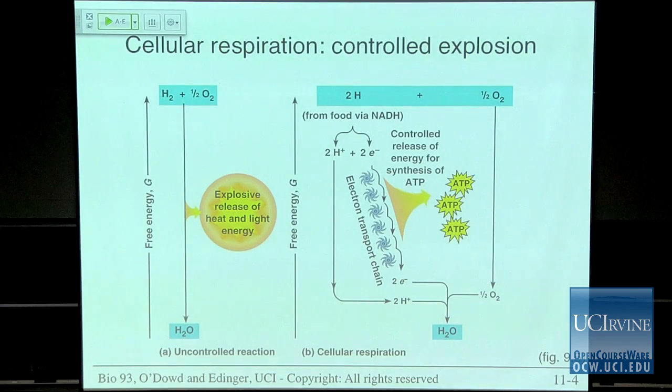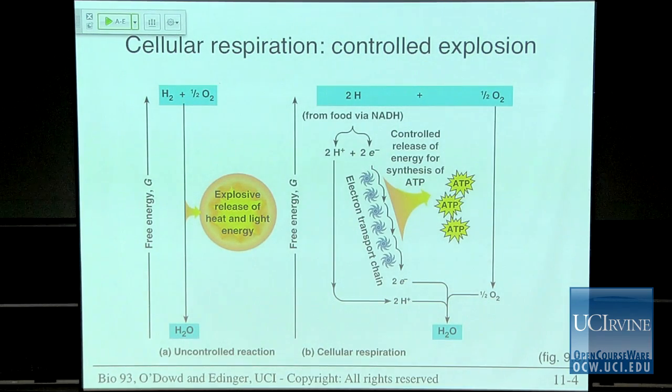Okay, cellular respiration can be thought of as a controlled explosion. If you take hydrogen gas and combine it with oxygen gas, you will form water because the electrons in the hydrogen will be drawn very close to oxygen, because what property does oxygen have?